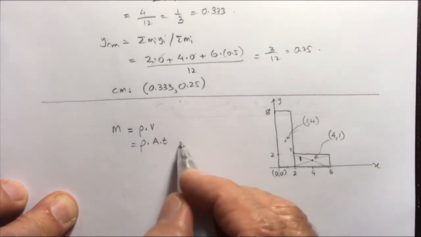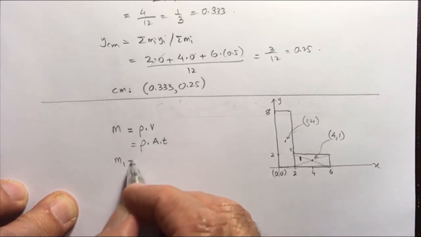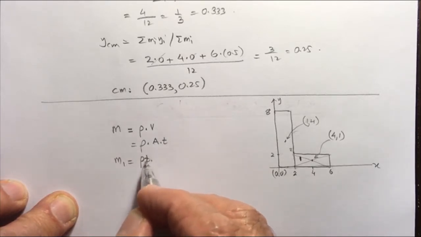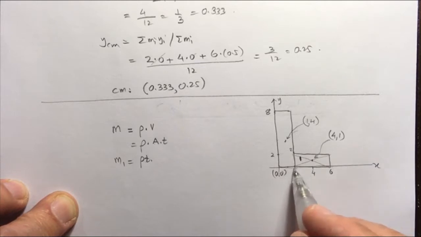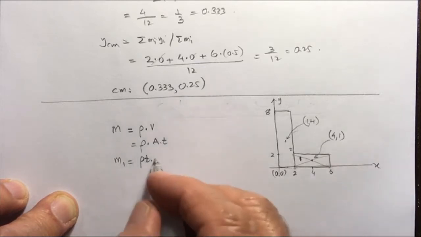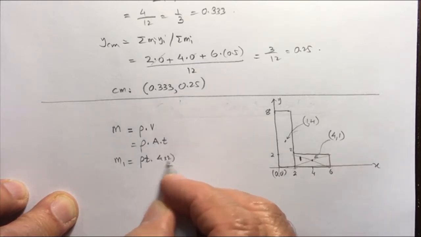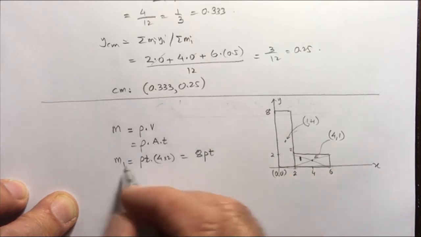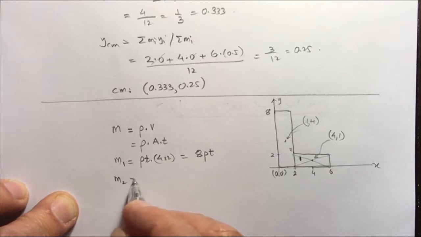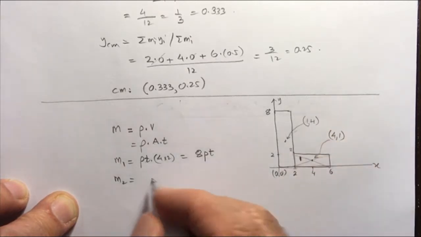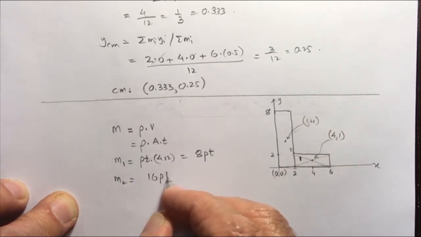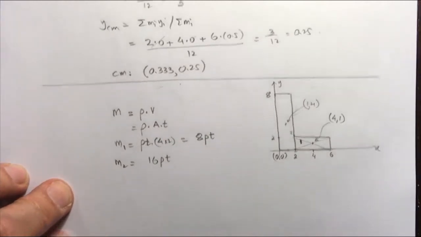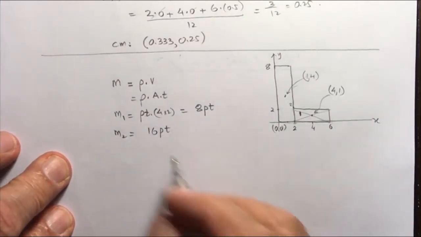The area in the case of M1 is going to be rho t, I just brought them together. The area is going to be 4 times 2. So it's going to be 8 rho t, that's M1. And M2 is going to be 2 times 8, which is 16 rho t. So these are the masses.